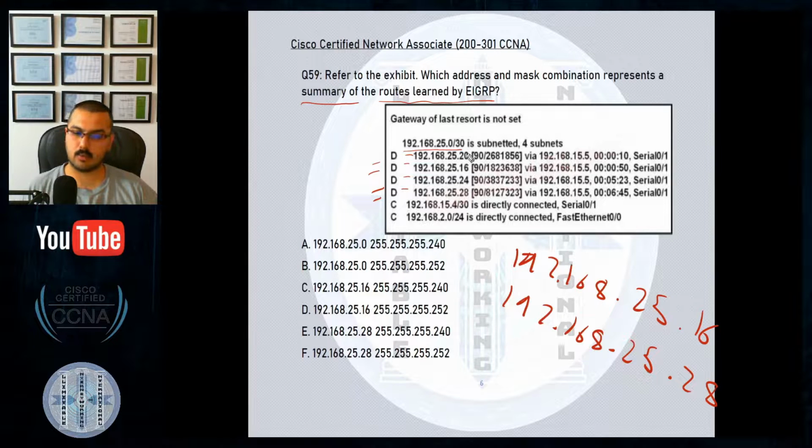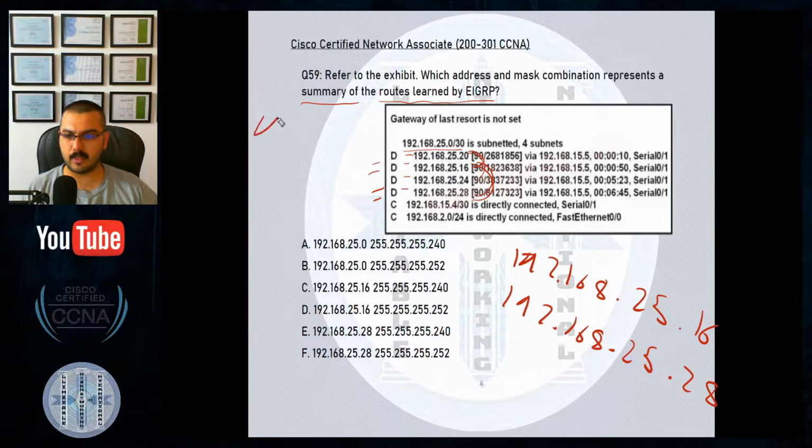Okay, so this would be done by a big complicated method that was removed from the CCNA to the CCNP, but briefly it would be from 16 to 20, 4 addresses; from 20 to 24, 4 addresses; from 24 to 28, 4 addresses; and maybe 28 is also using 4 addresses.